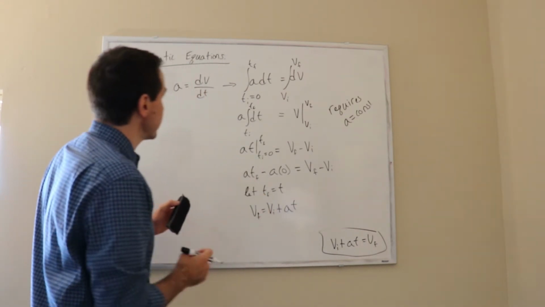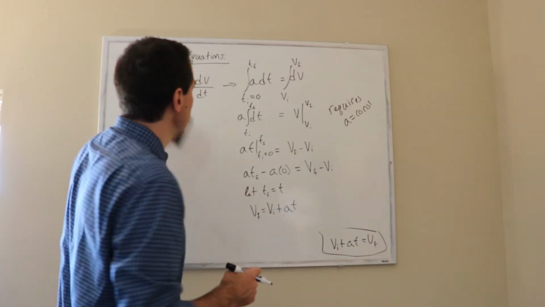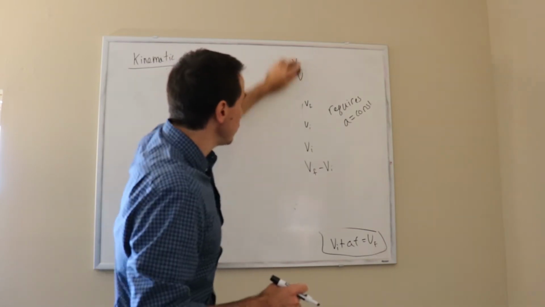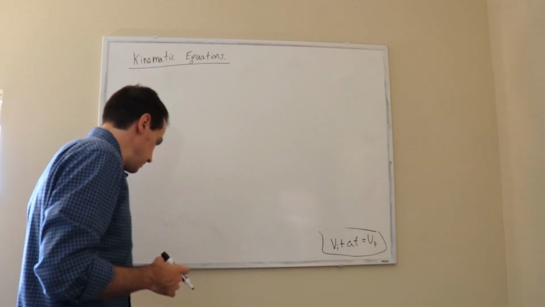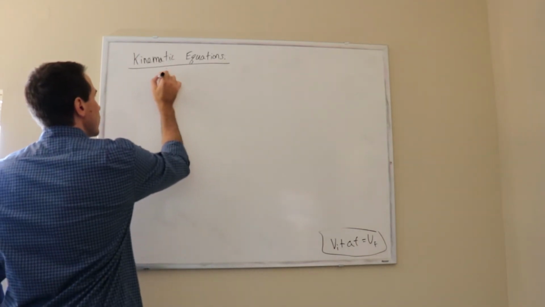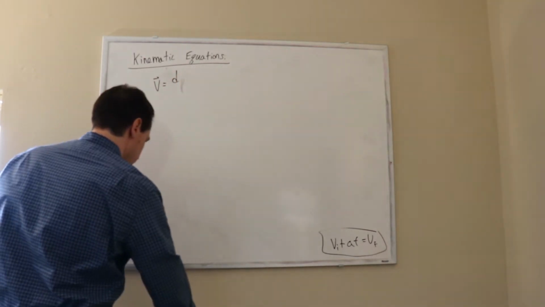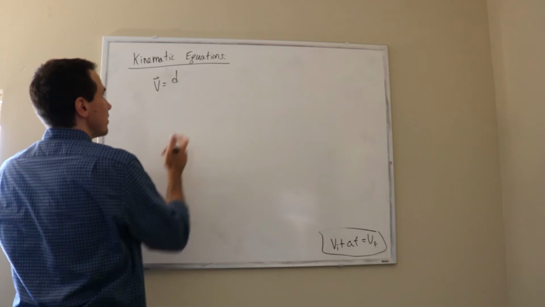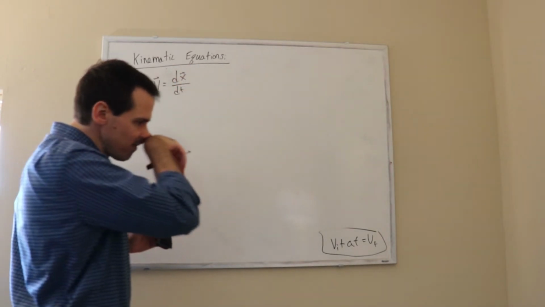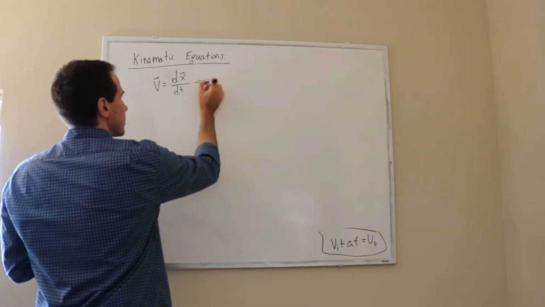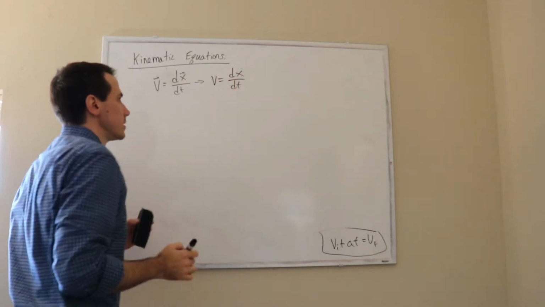But the next equation that we're going to do is we are going to take this result and use it on our definition of velocity. So we know that velocity equals the derivative of position with respect to time. And we're going to use the same idea to say that my velocity is dx dt.